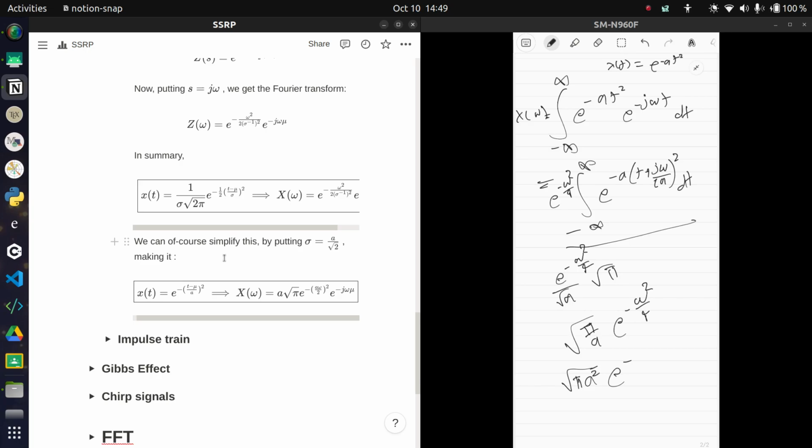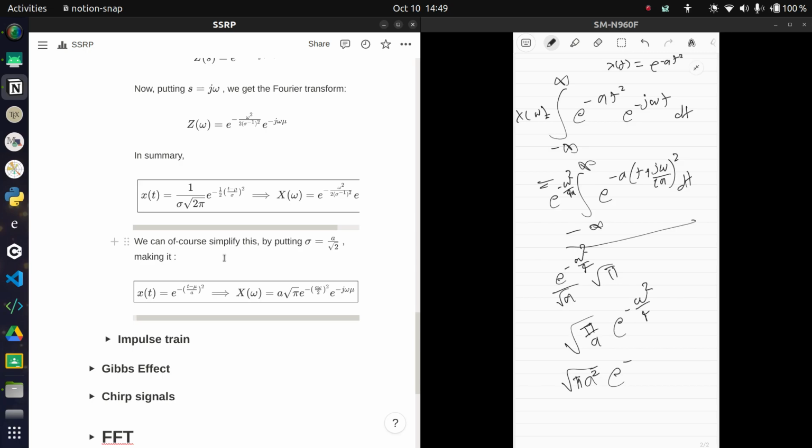A omega square. Something's a little messed up, don't you think? Why is this so messed up? No, it's supposed to be minus omega square upon 4a.